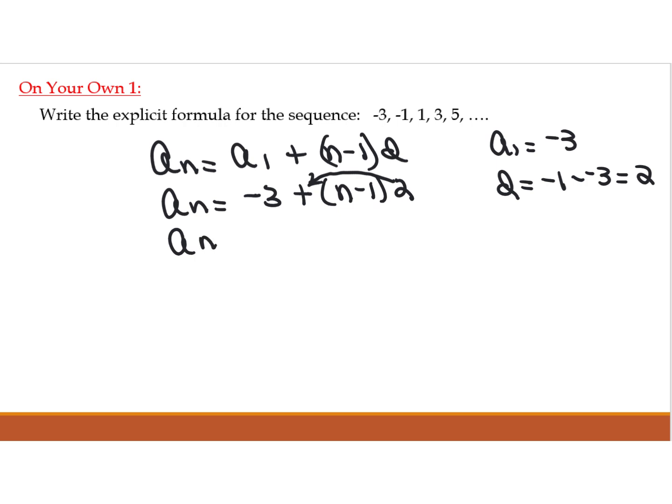So that's going to be my next step. 2 times n is 2n, and 2 times 1 is 2. At this point, I have like terms that I can combine together, and I would have my explicit formula: A sub n equals 2n minus 5.